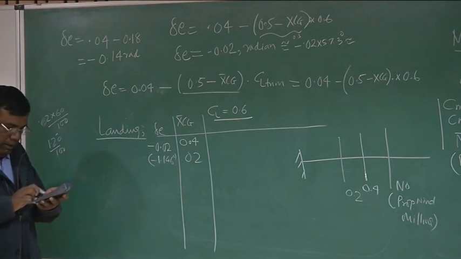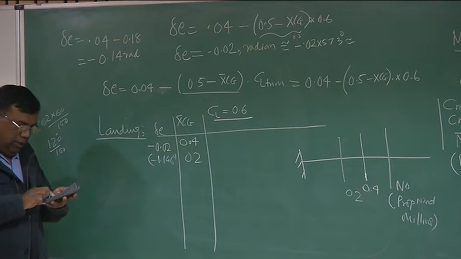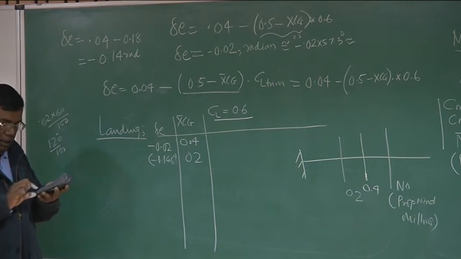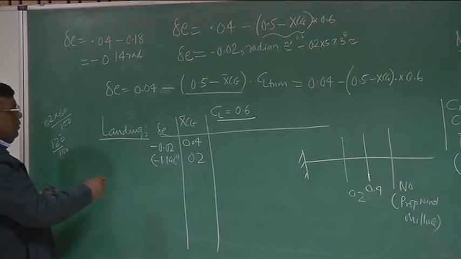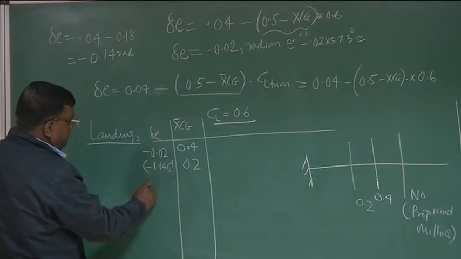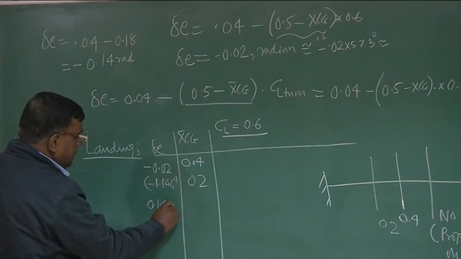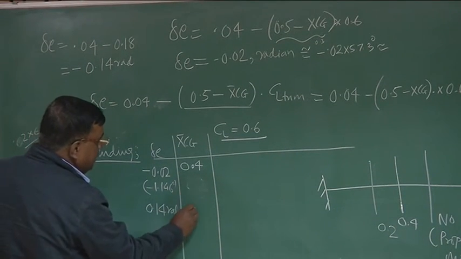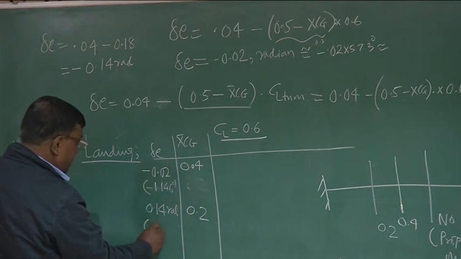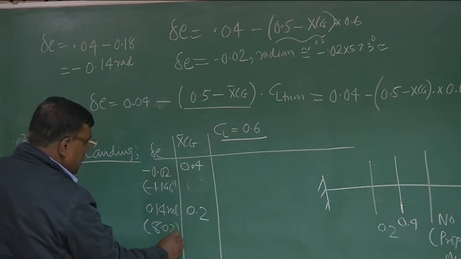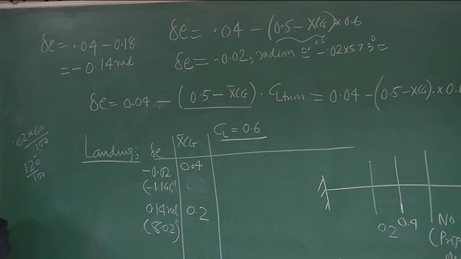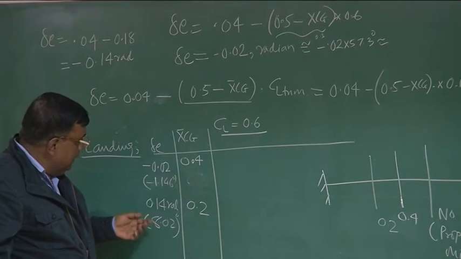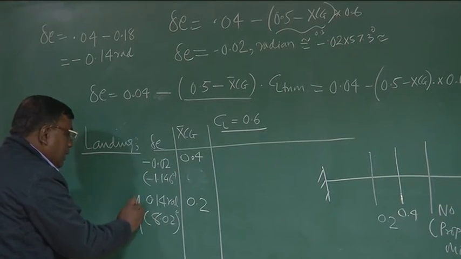Let me check. 0.14 into 57.3 will be 8.022 degrees. So this is 0.14 radian, with CG here at 0.2, and that is equal to 8.02 degree. So you are seeing that as I take the CG forward, the elevator angle required to trim is increasing.